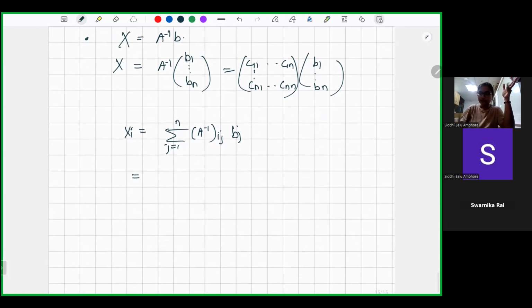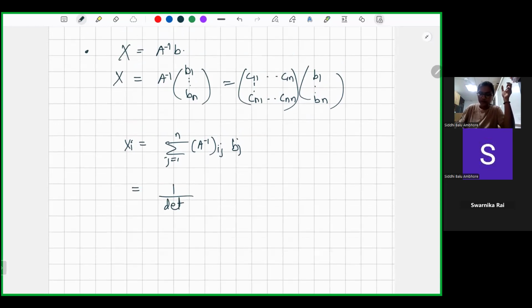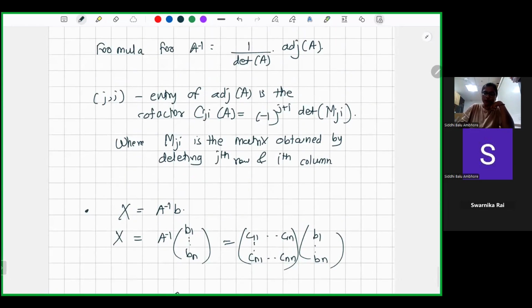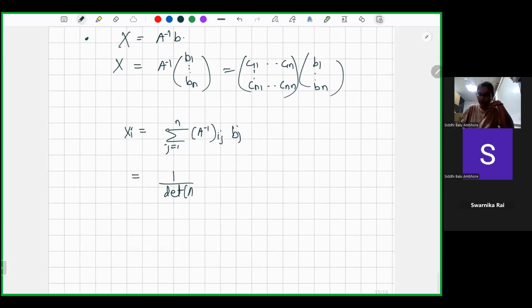And what is each ijth entry of A inverse? It is 1 by determinant of A. Using this adjoint matrix, we have hold of each entry of A inverse. So it is 1 by determinant of A, bj as it is, and summation j from 1 to n, cji of A, the cofactor of A, into bj.